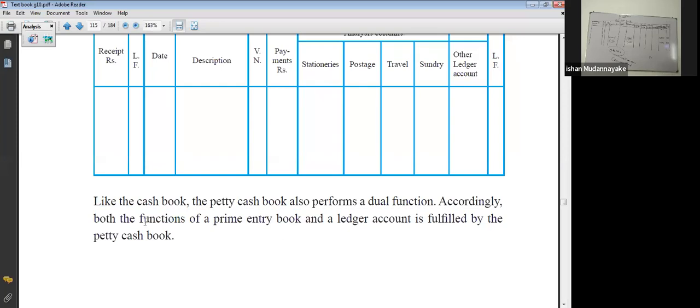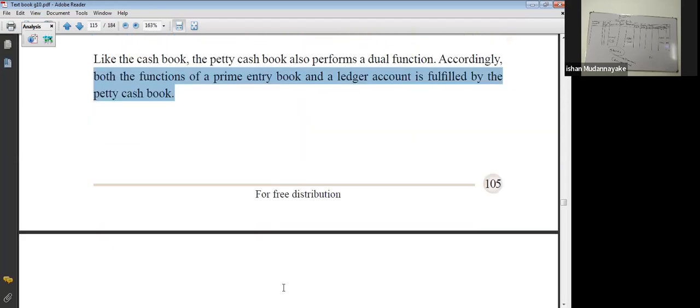Please highlight: both the functions of the primary book and ledger account are fulfilled by the petty cash book.